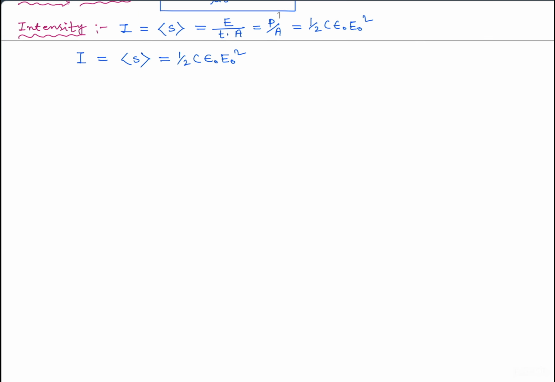Now the power P will be the integration of the average Poynting vector dot dS.